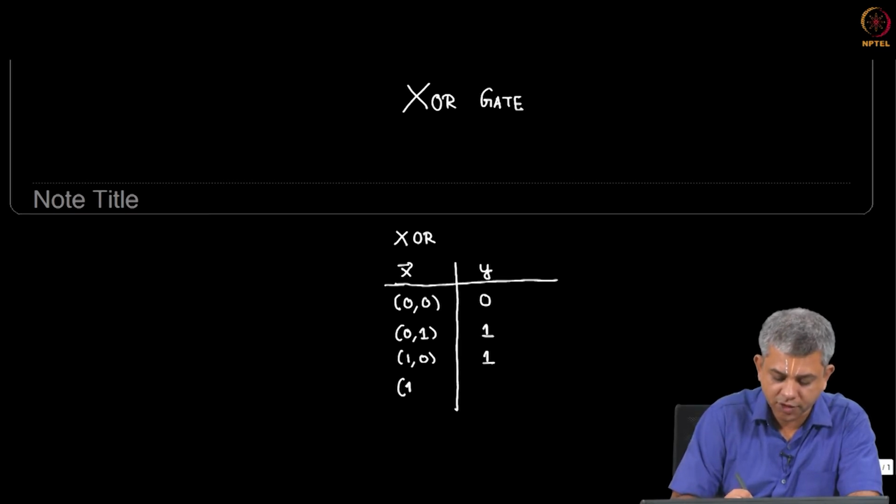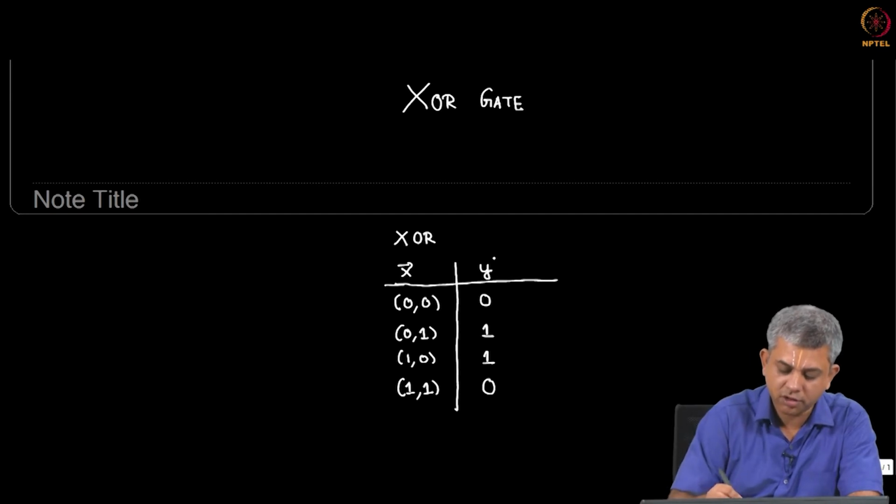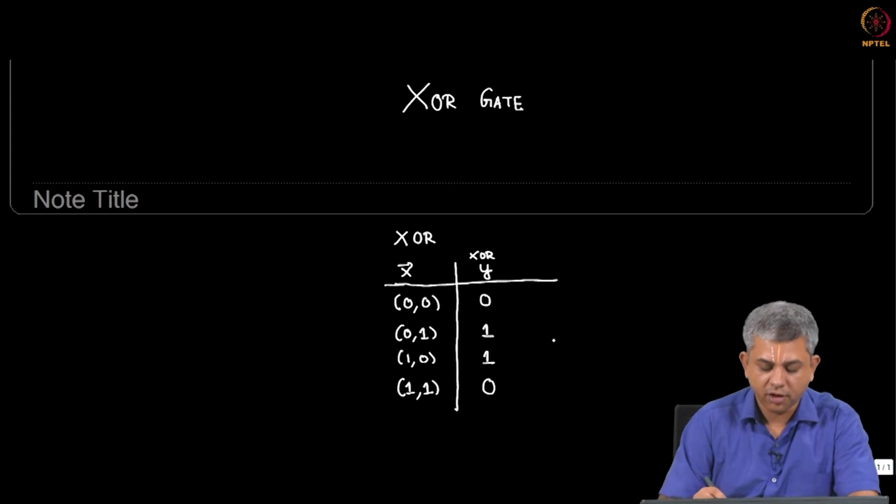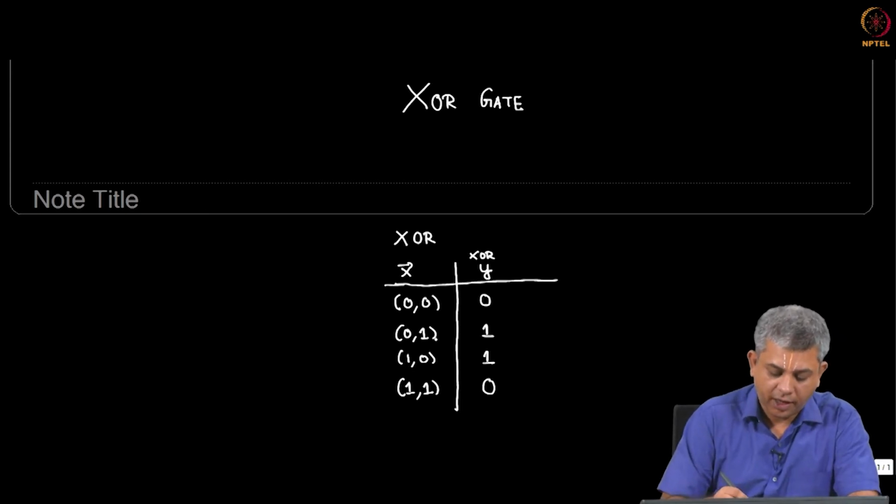XOR gives 1 or true as an output. So, I will just write it as XOR here. If x and y or x1 and x2 are different, it gives 1 as output. If both are the same, it gives 0 as output.